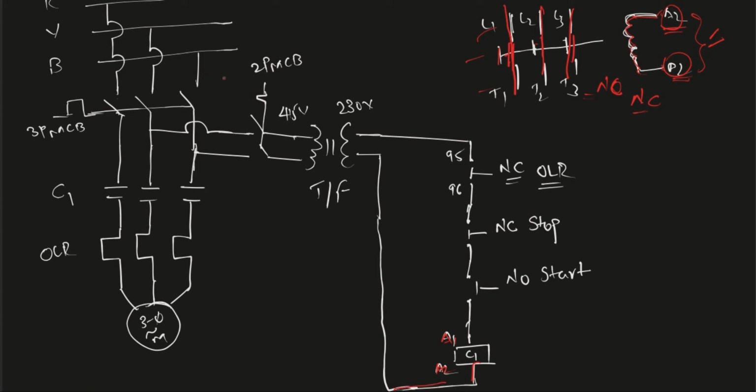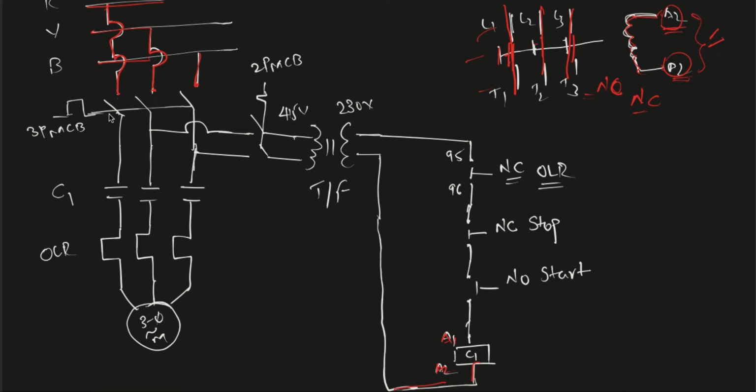Let us just quickly understand how this circuit is working. We have three phase, very good, and from three phase we are getting power till here, and the voltage is stopped over here because there is no path to flow.